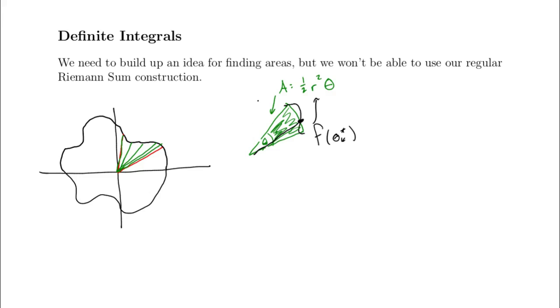And instead of calling this theta, we're going to call it a change in theta, delta theta. We're going to subdivide these equally, just like the width of a rectangle being delta x. Now we'll keep going a tiny bit of angle at a time until we get the whole angular span here, just like when we added those tiny widths, we got the whole width span of a rectangular setup. So this is our area formula.